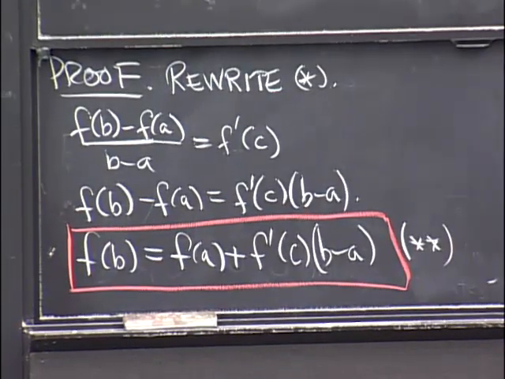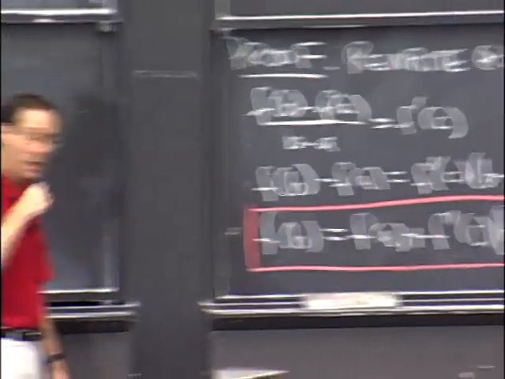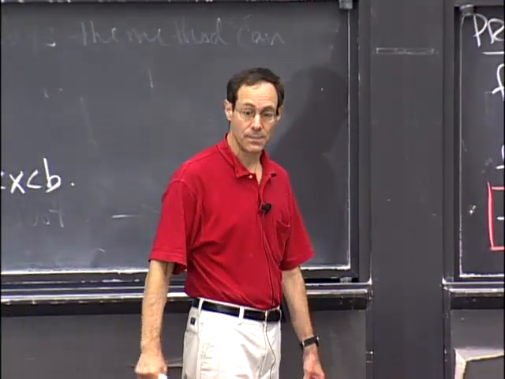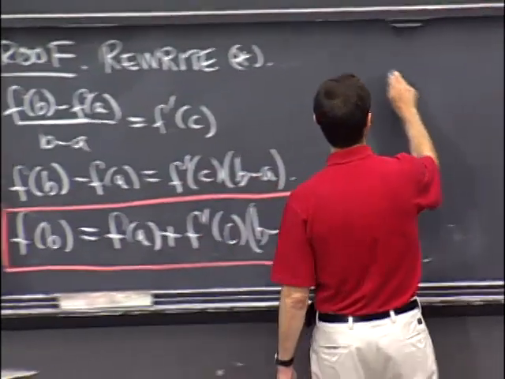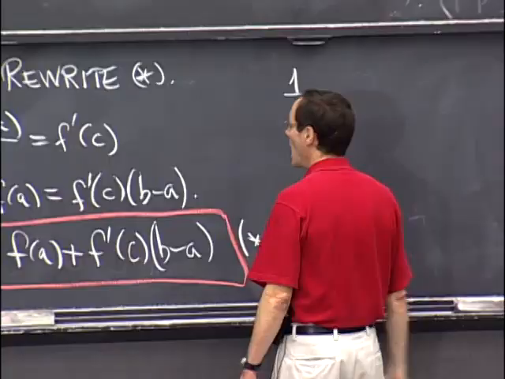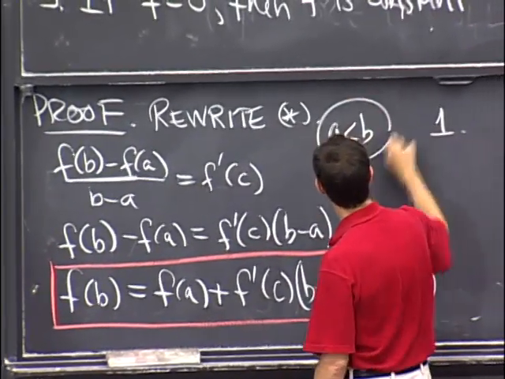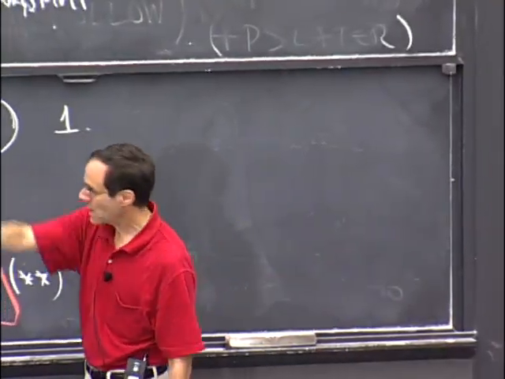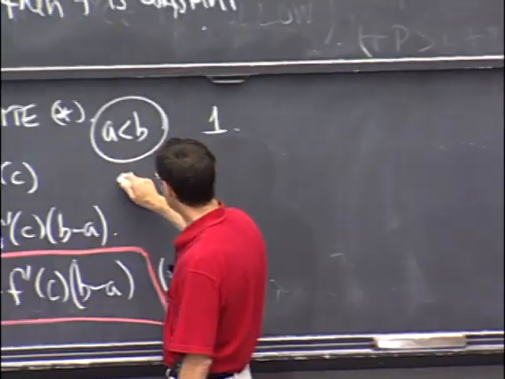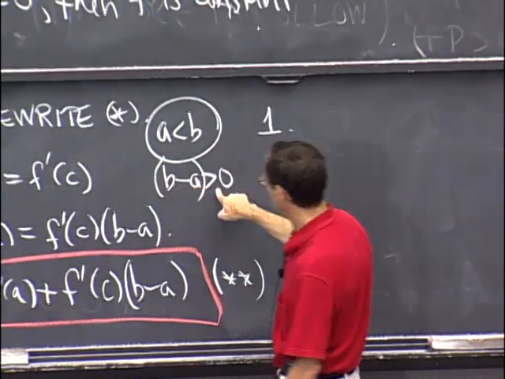And now, with the formula written in this form, I claim that I can check these three facts. So let's start with the first one. I'm going to set things up always so that a is less than b. And that's the setup of the theorem. And so that means that b minus a is positive. All right?